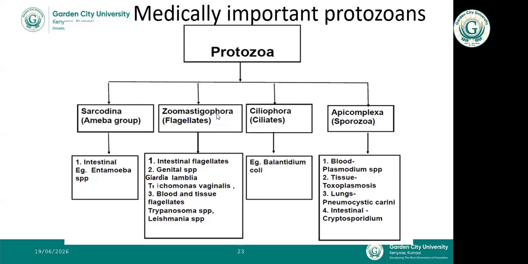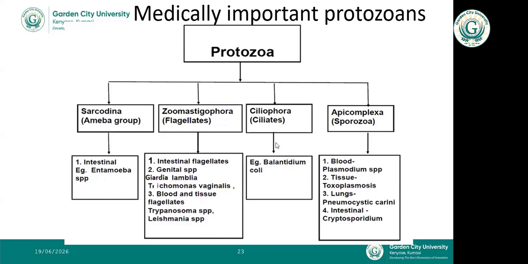So they are the flagellates, and scientifically we call them zoomastigophora. Some of them can infect the intestinal tract. Some of them can infect the genital areas. And some of them can cause blood infections, as well as the tissues. So we can have Giardia lamblia, Trichomonas vaginalis, Trypanosoma species, Leishmania species.